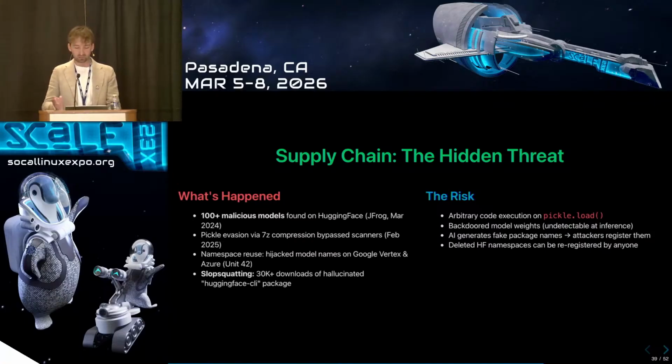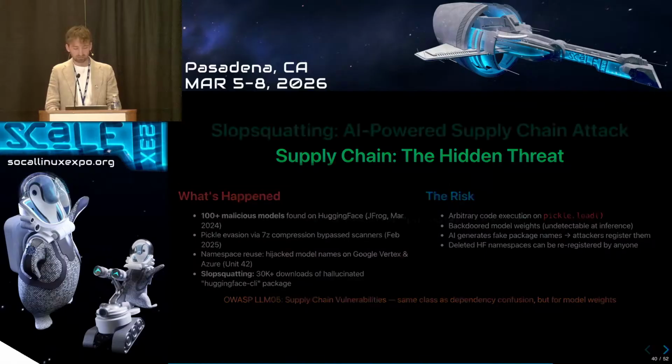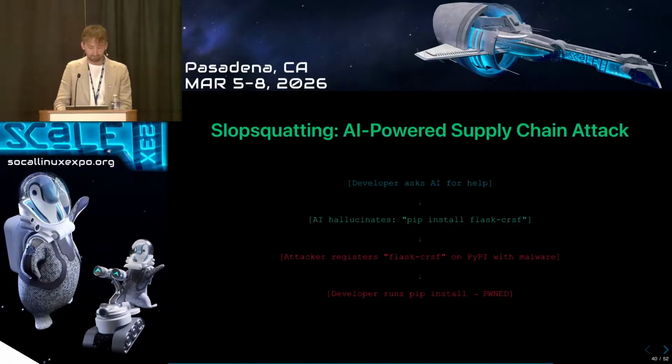And this is the fifth biggest threat from OWASP LLM, which is saying that same class of bug is dependency confusion, but for model weights. So slop squatting is an AI-powered supply chain attack. The developer can ask for some help.